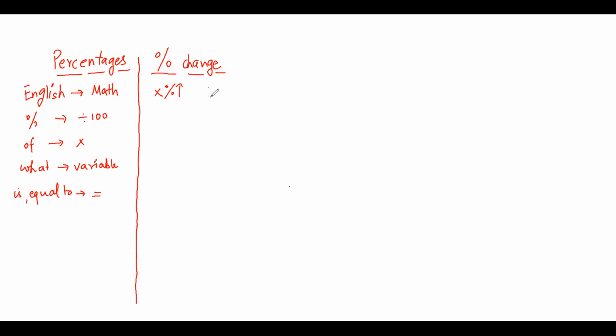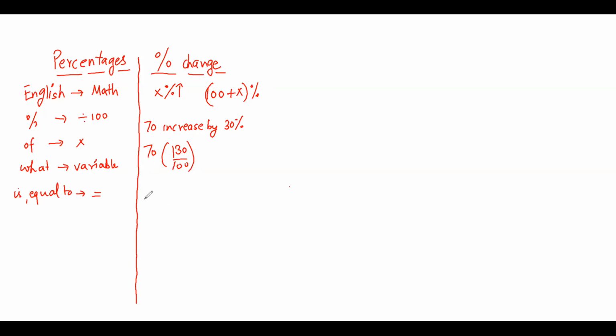It becomes 100 plus X percent of itself. So if I increase the number 70 by, let's say, 30%, that means 70 has become 130% of itself. This is the percentage increase that has happened. That is the total change.